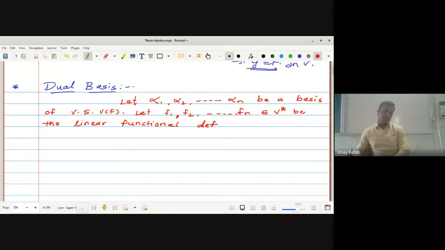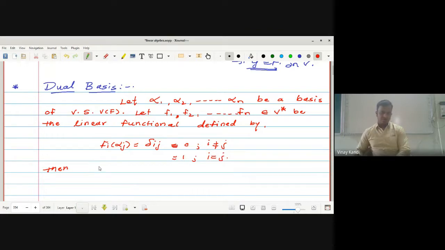defined by fi of alpha j is equal to delta ij, which is equal to 0 when i is not equal to j, and which is equal to 1 when i is equal to j. Then we can call this f1, f2 up to fn the dual basis for V star.